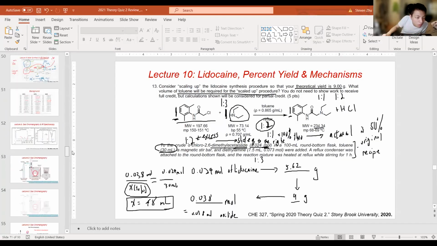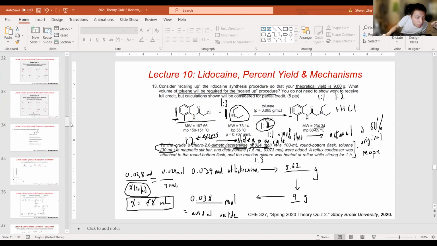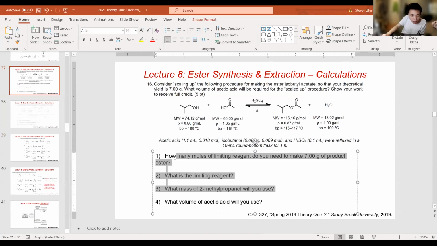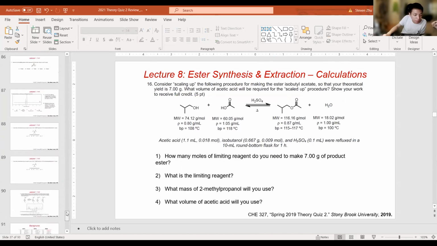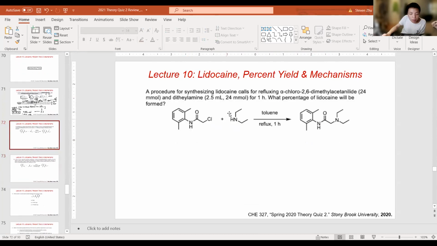I believe it's the scale up of the ester. Yeah, you guys can pretty much follow this recipe here. But down here we have to switch to toluene. And this is the same as before, like why the percentage was 50%.